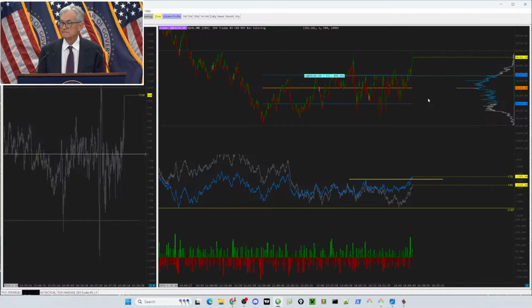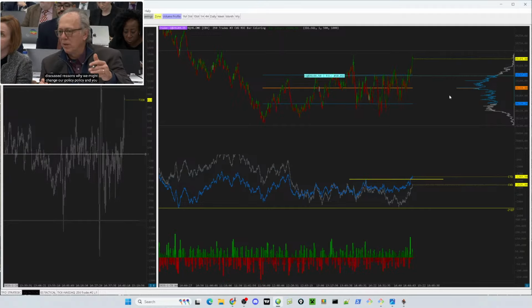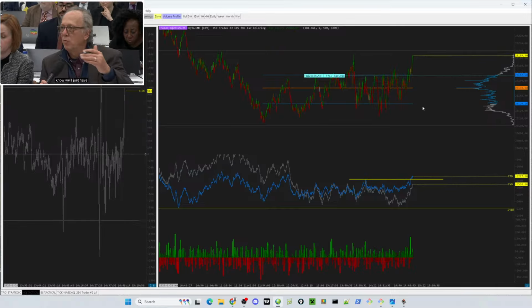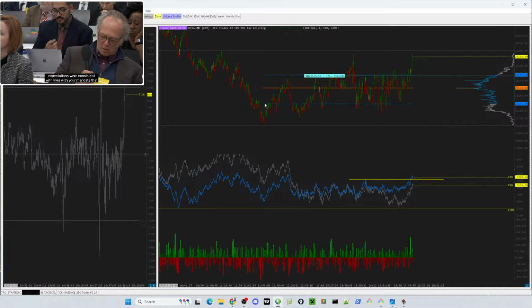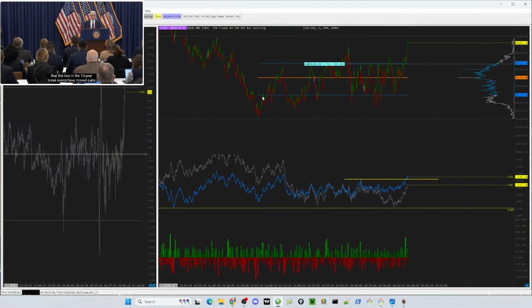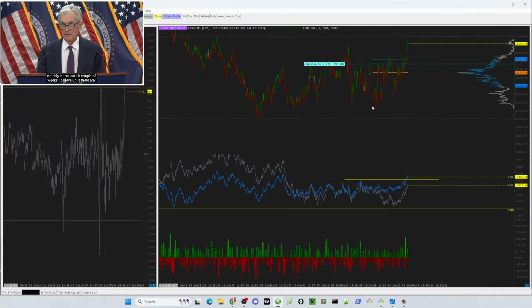I'm wondering, a minute ago you said you felt expectations were consistent with your mandate. The 2 and the 10-year break-evens have moved quite notably in the last couple of weeks, I believe. Is there any concern on that front? I recently looked at both survey and market-based short-term inflation expectations.